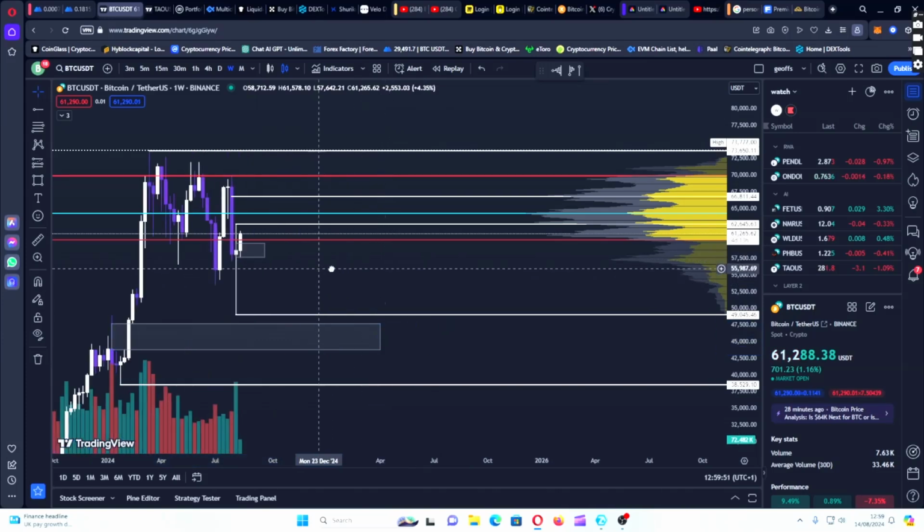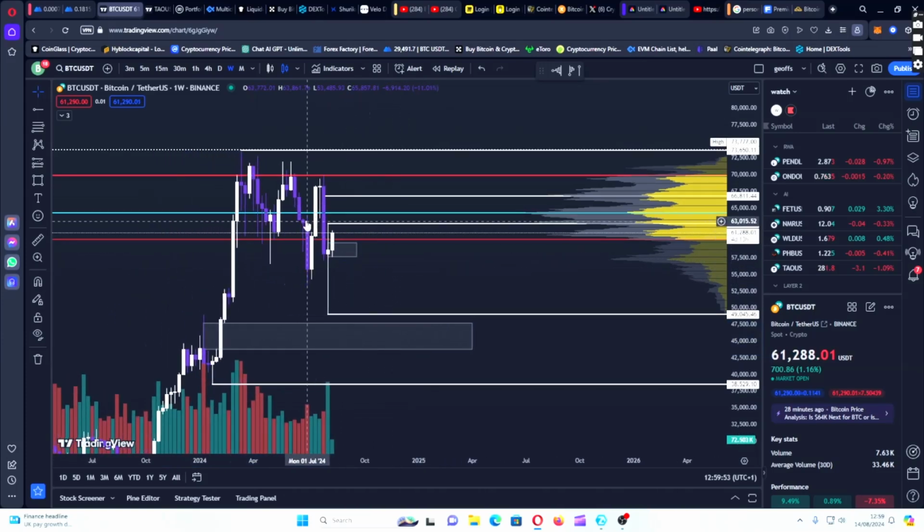Let's have another little look here. On the weekly, we had a bearish fair value gap around 65 to 63. We did come back in and tap into it on the 1st of July, dropped off, and took out the liquidity that lied around 56k.